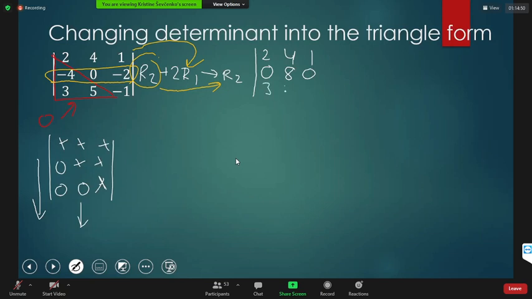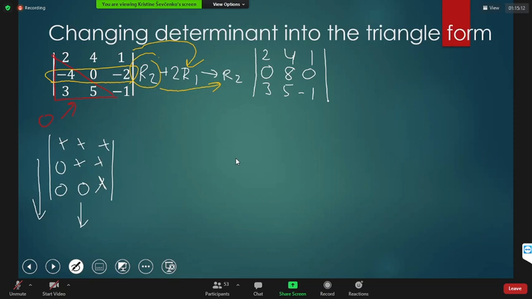Now 3, 5, -1. Now we have a little bit of a problem. How to make 0 instead of 3? We could, of course, use fractions. We could multiply by a fraction. However, I would do a trick.